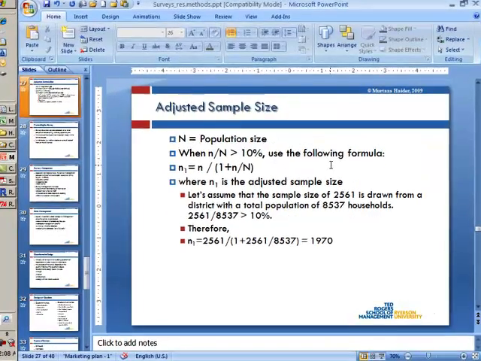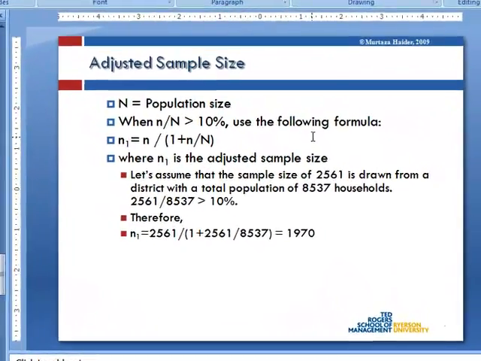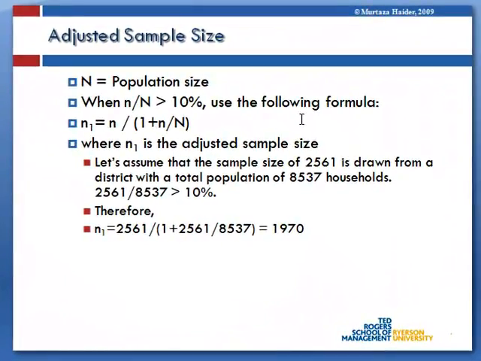Now you have to adjust this ideal number based on the population size, right? If capital N is used to denote the population size, the total population, then we have to ensure that when the sample size is greater than 10% of the population, we modify the values using another formula, which is given on your screens here.